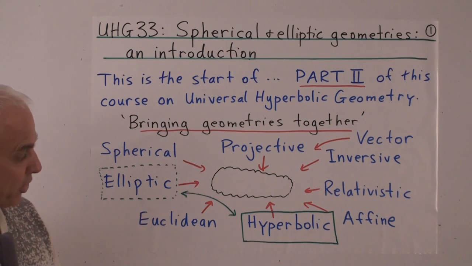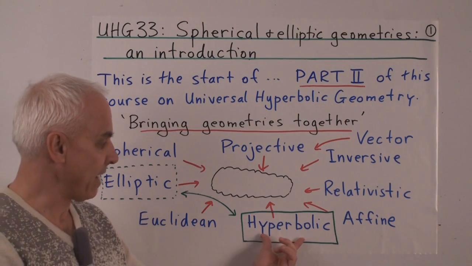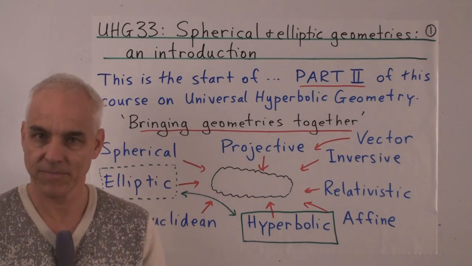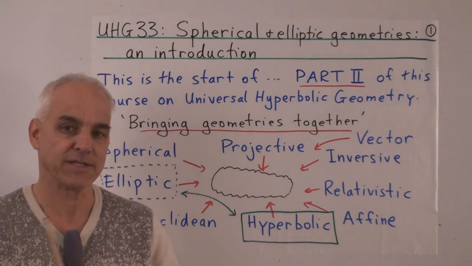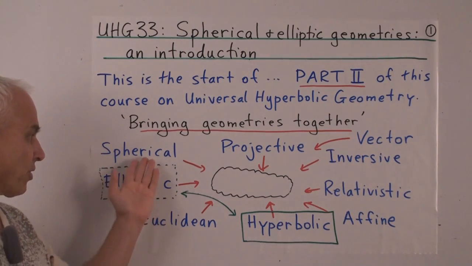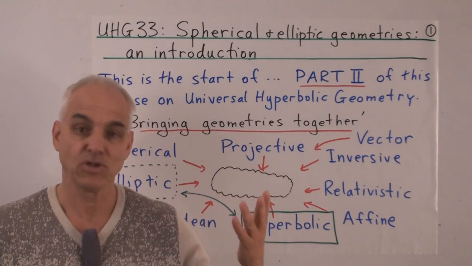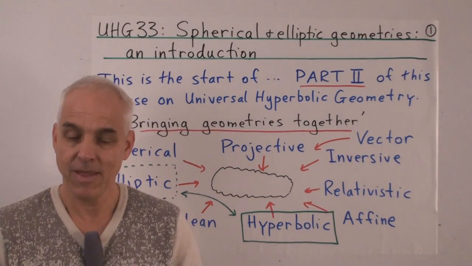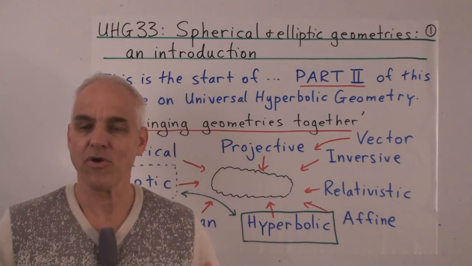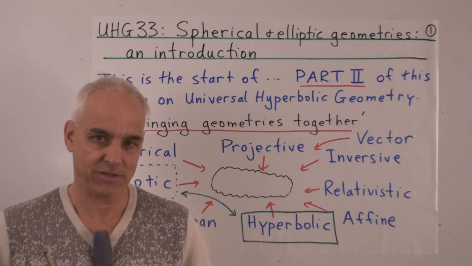In particular, we're going to be interested in the relationships between hyperbolic geometry and elliptic geometry to begin with. That's going to be a very interesting development because elliptic geometry, or the closely related spherical geometry, is a subject that goes back to antiquity. And with our algebraic point of view, we are going to be able to restructure that subject.